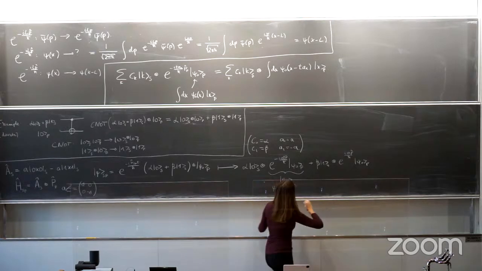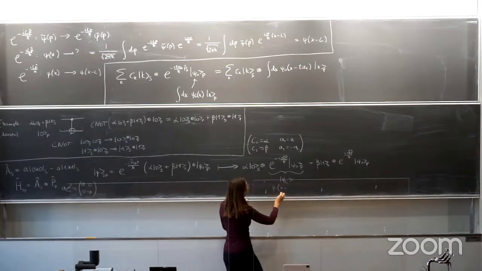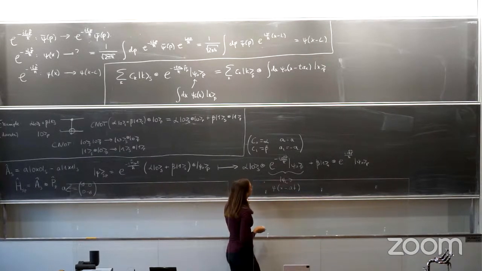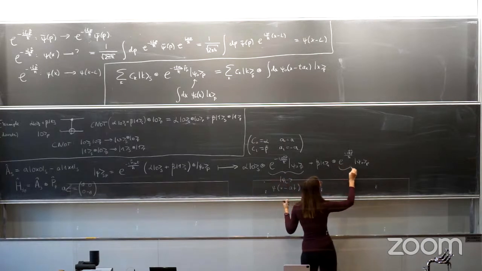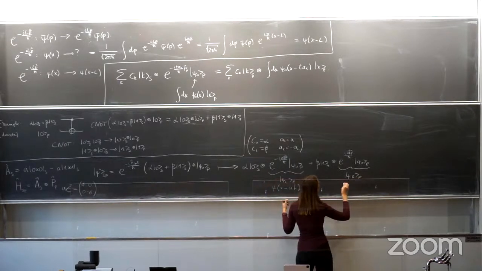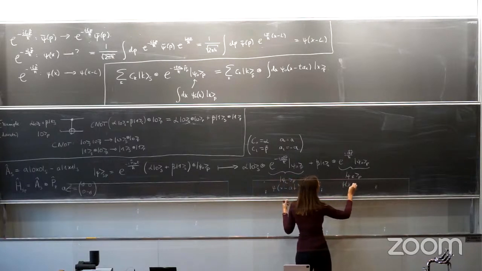I think I do. Psi of t, x minus a t. And this I will call psi R. This is both on the pointer, because in the position representation, this corresponds to a position shifted by x plus a t.